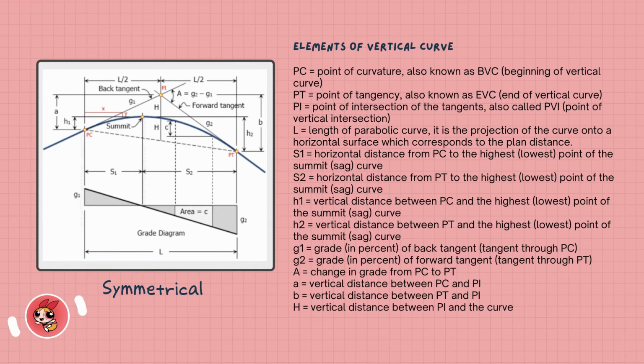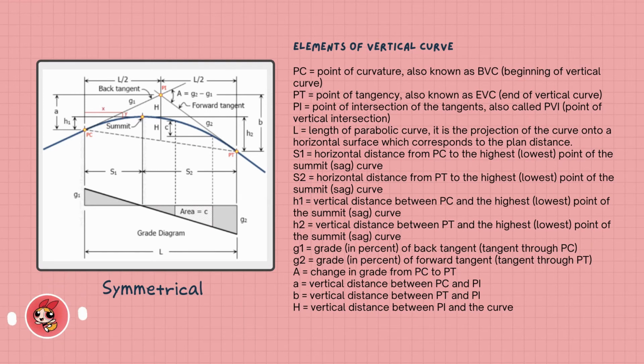PT, point of tangency, also known as EVC, end of vertical curve. PI, point of intersection of the tangents, also called PVI, point of vertical intersection. L is the length of the parabolic curve. It is the projection of the curve onto a horizontal surface, which corresponds to the planned distance.